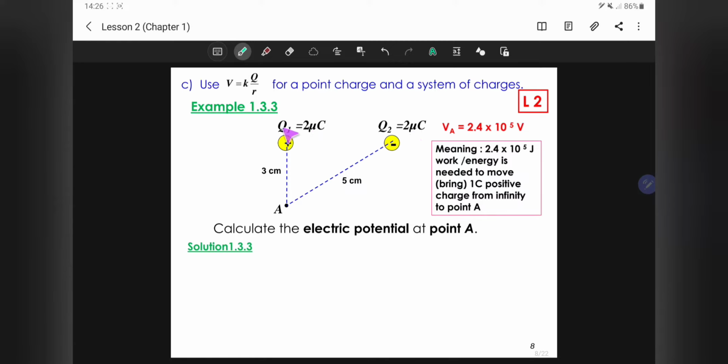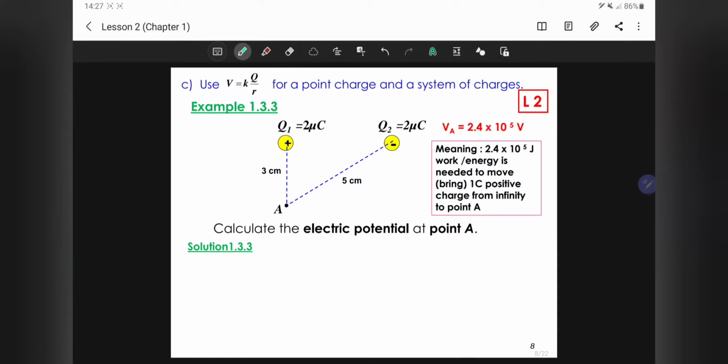Q1 is located 3 centimeters from point A, while Q2 is located 5 centimeters from point A. They ask you to calculate the electric potential at point A. Remember, the potential exerted on A is caused by two charges, Q1 and Q2. So we need to calculate the total potential exerted on A by Q1 and Q2. So how to calculate that?